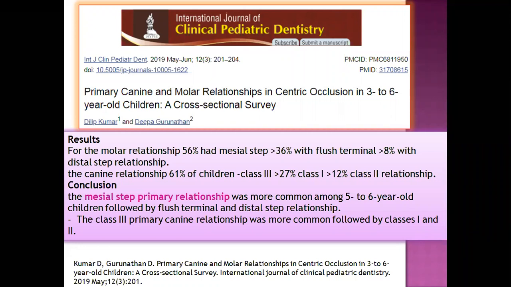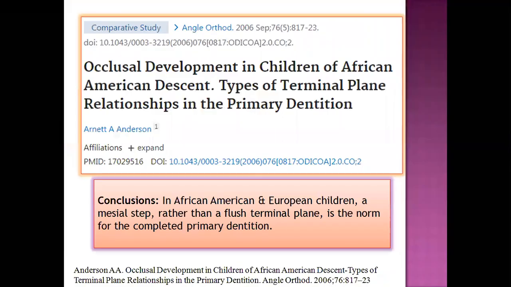Thus they concluded that the mesial step primary relationship was more common among 5 to 6 year old children, followed by flush terminal and distal step relationship. The class 3 canine relationship was more common, followed by class 1 and 2.